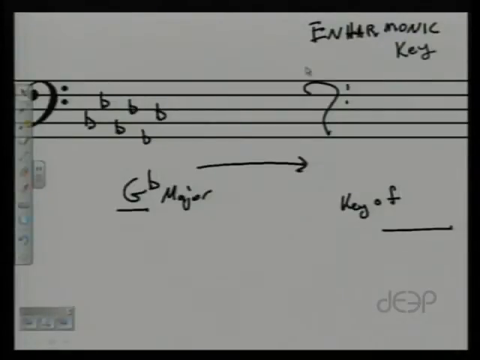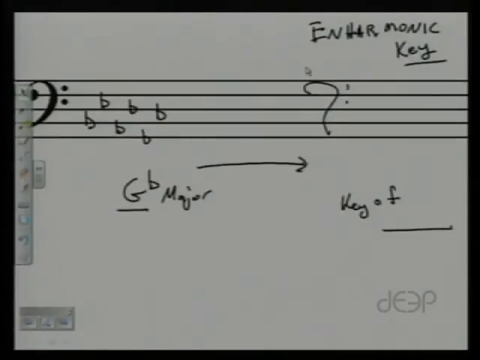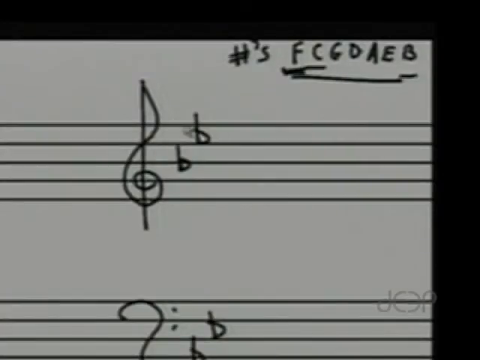Well, the enharmonic key of G flat, there's our G flat. The enharmonic key is, I'll get another color here just to remind you again, F sharp. So here, over on the right, the enharmonic key is F sharp, and then we want you to write the key signature for F sharp.